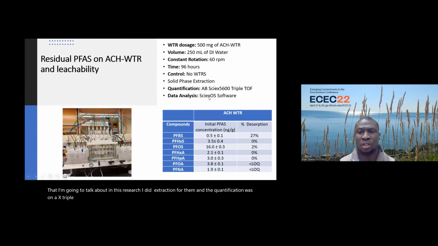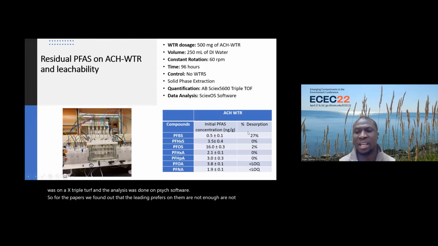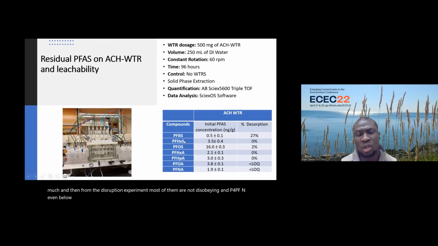For the PFAS, we found that the leading PFAS on them are not so much, and from the desorption experiment, most of them are not dissolving, and PFOA and PFNA were below LOQ. The two compounds that dissolved were PFBS and PFOS: PFOS at 2% and PFBS at 27%.